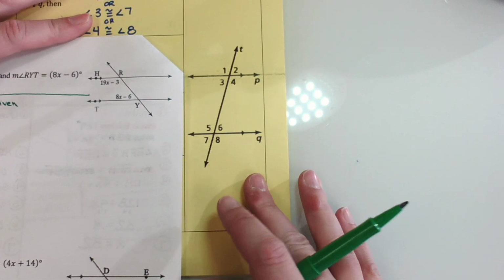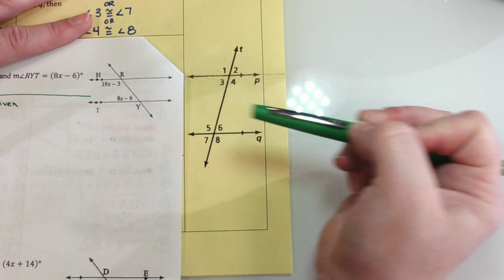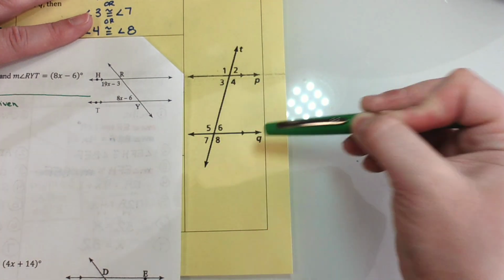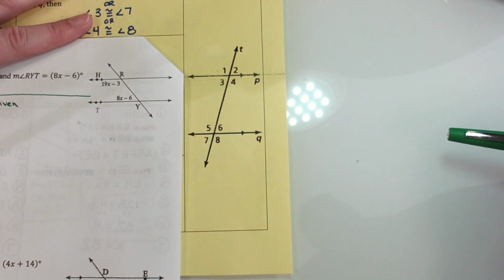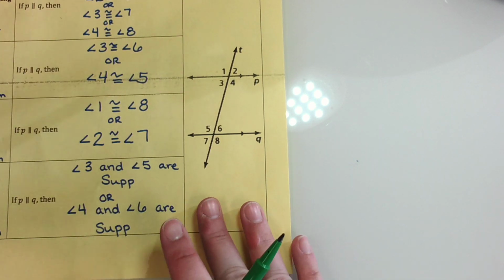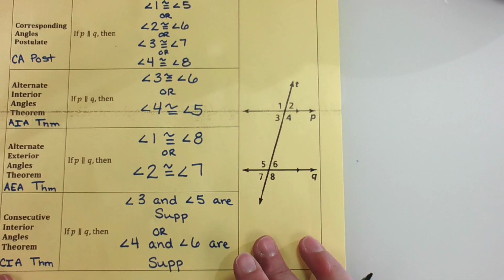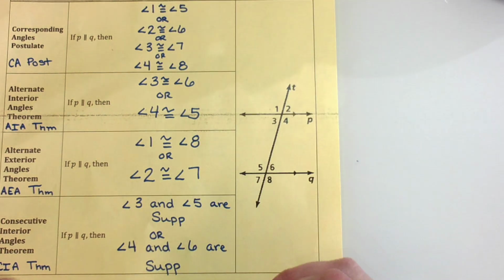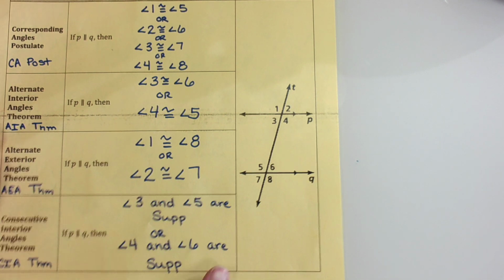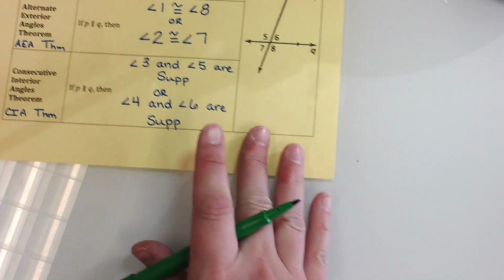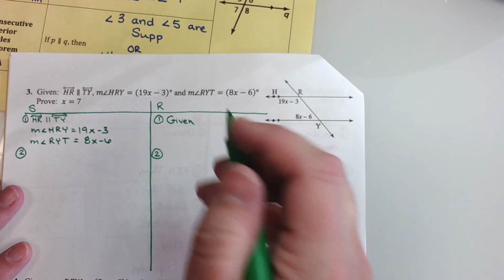With where these 2 are located, they line up with which 2 numbered angles here? You got it? Do you see 3 and 5 together anywhere along this? Consecutive interior angles theorem. They are consecutive interior angles. You got it.